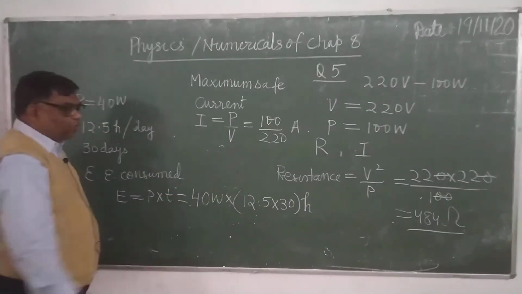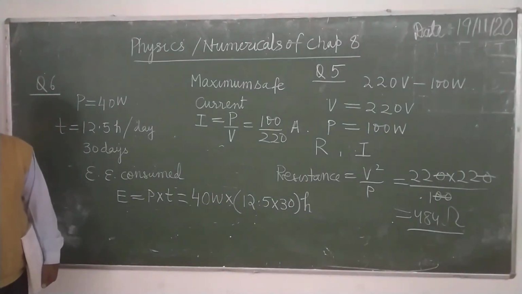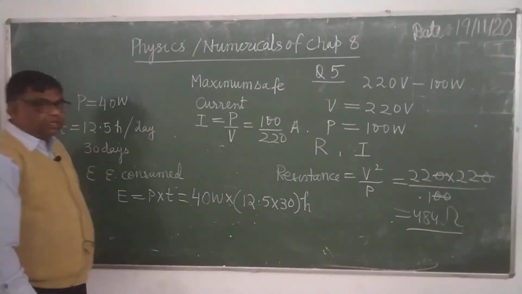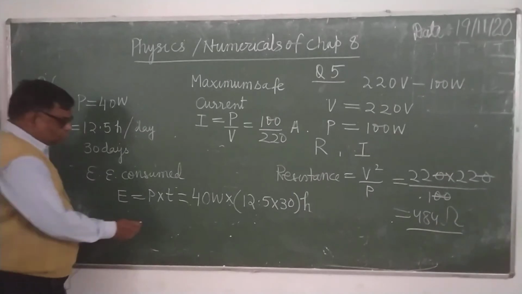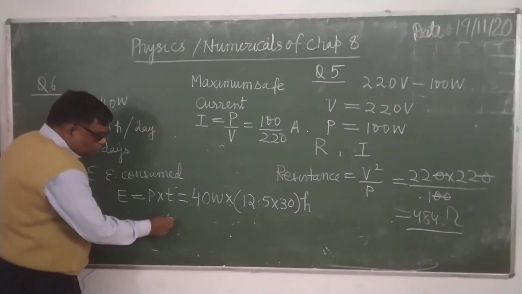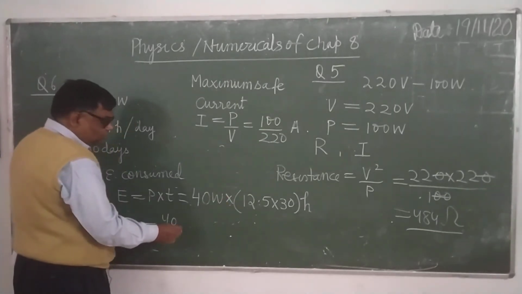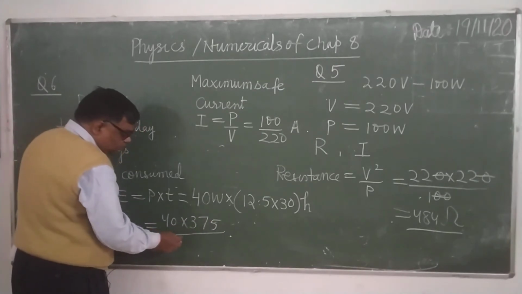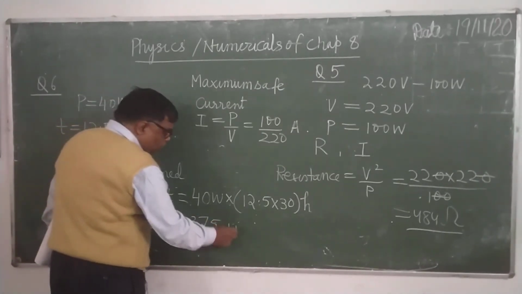So this will come out in what unit? Answer will come out in watt hour, because you have taken power in watt and time in hour. Now divide by 1000, so you will get kilowatt hour. So you see here 40, you simplify that. So that will be 125 into 3, it is 375 upon 1000 kilowatt hour.